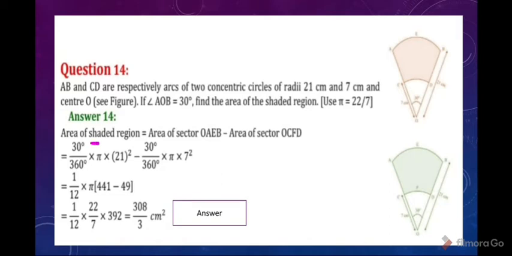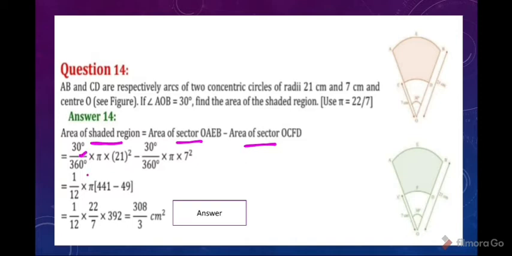Look at that, the area of the shaded region is equal to the area of the sector of the bigger arc minus the area of sector OCFD. The angle of the sector will remain the same for both portions, that is 30 degrees.